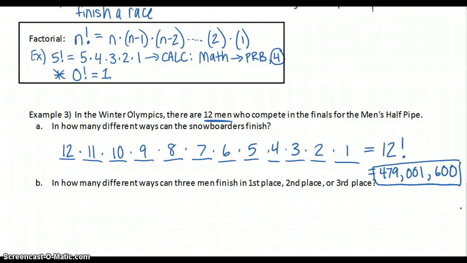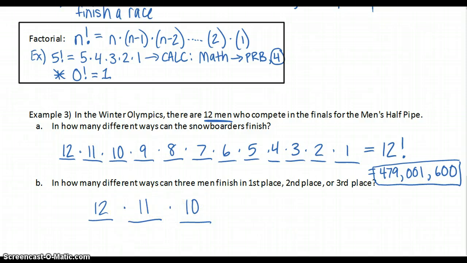Alright, and then the second part, in how many ways can 3 men finish in first place, second place, or third place? Well, we've got first place, second place, or third place. So there are 12 different people that can finish in first place. And because the person who finishes in first place can't also finish in second place, there are only 11 possibilities for second place, and then 10 for third place.